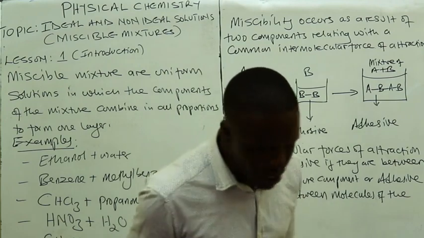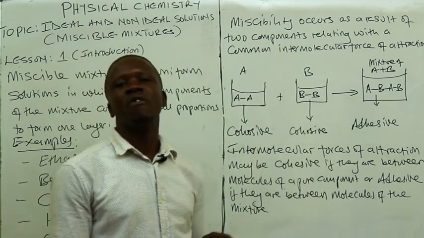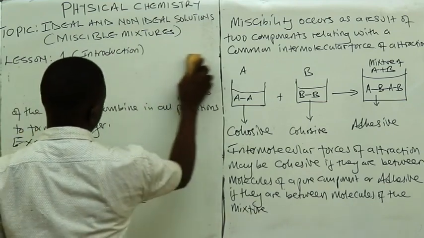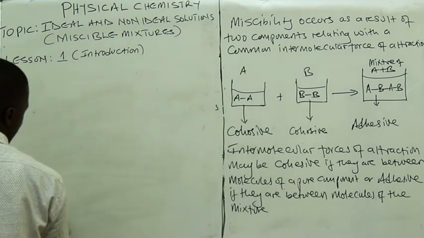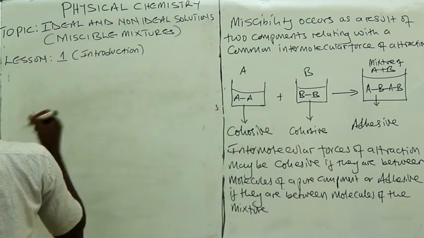Now, after knowing how miscibility arises, we have two types of miscible mixtures. According to this topic, there are two.